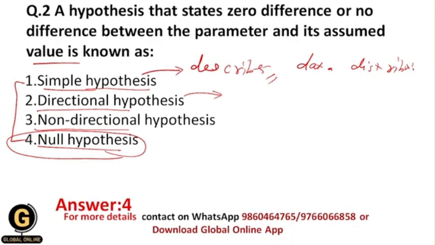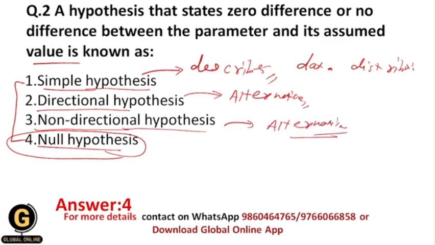Okay, and that's why directional hypothesis is a type of alternative hypothesis under which it can state the direction of the results, and as well it states the relationship between the variables. And non-directional hypothesis is again a type of alternative hypothesis, but here it only gives the prediction about the relationship between the variables. It does not predict the direction of the results.